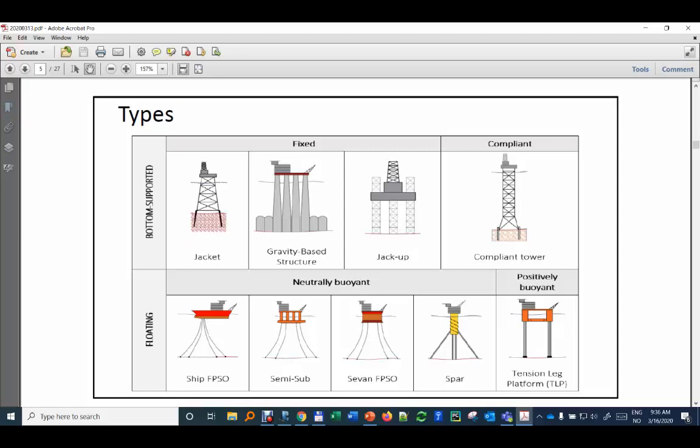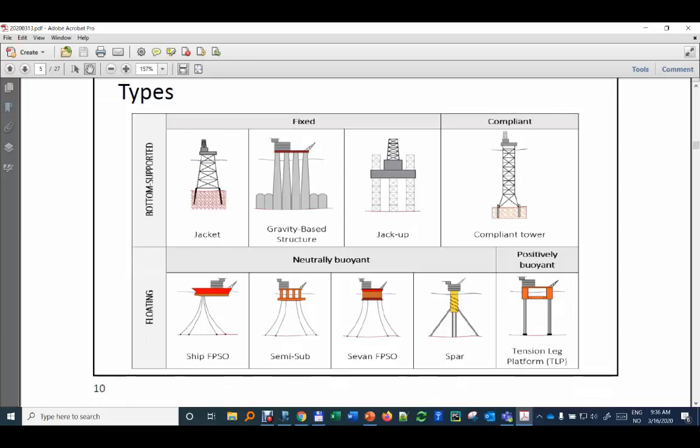While we have the floating structures, these structures are floating, are buoyant, and also they are typically moored, and they exhibit significant movement in all directions. And you have neutrally buoyant ones, which control buoyancy with ballast, depending on how much load they have.